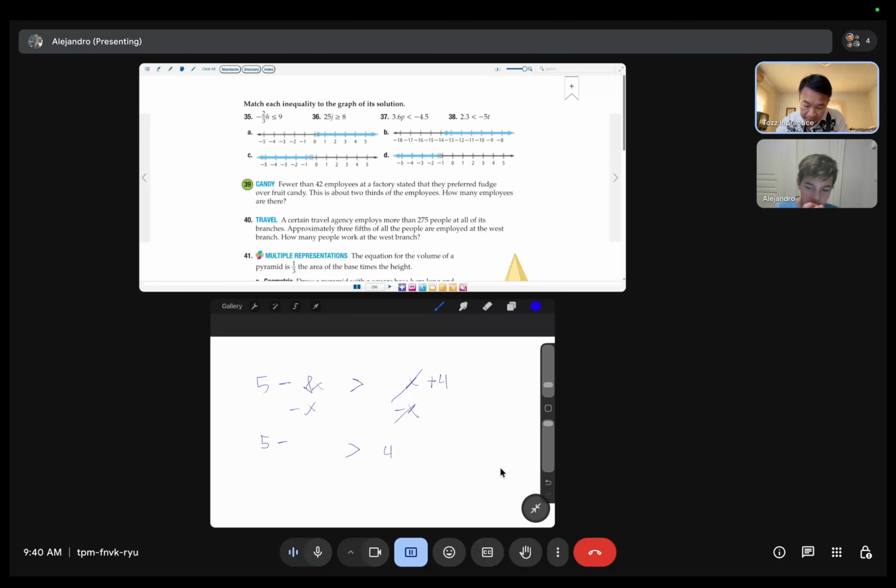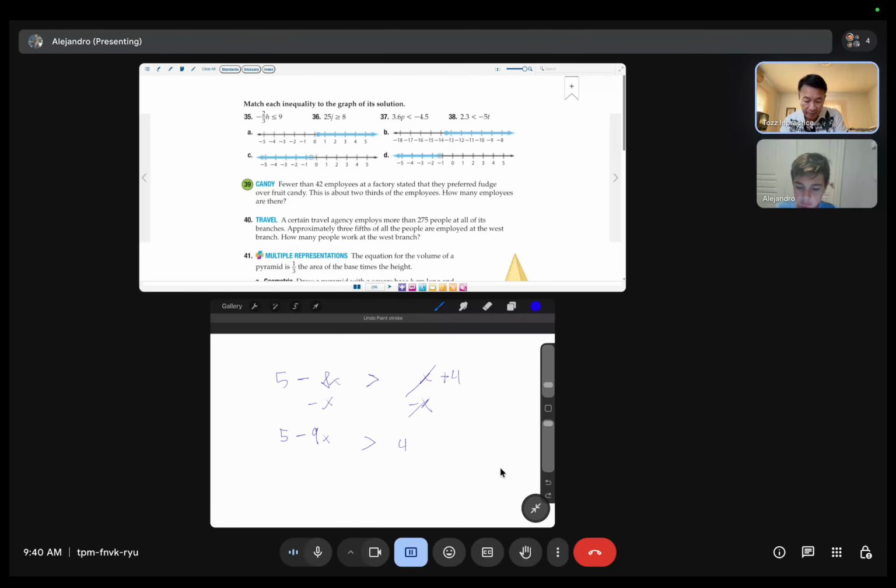It's 5 minus 9x. I made this up. It's okay so far? And you still want to keep this on the left side. Be careful. Don't forget, okay? The minus 9x, this negative belongs to the 9. It belongs to the thing right behind it, from left to right. So this negative is attached to the 9x.